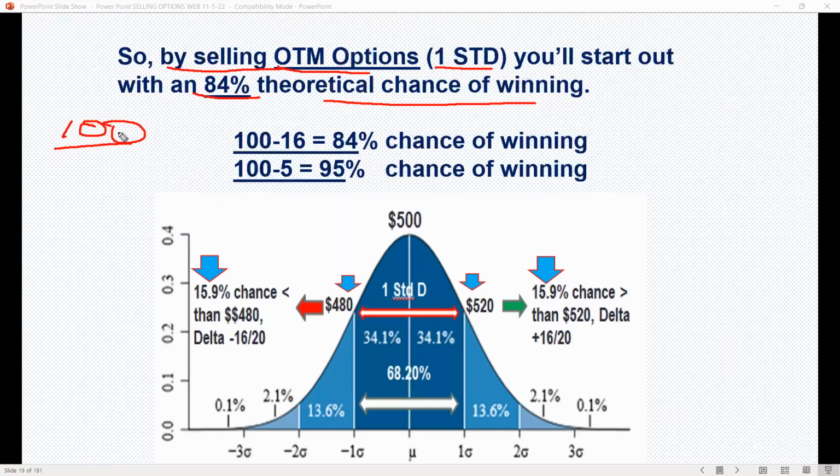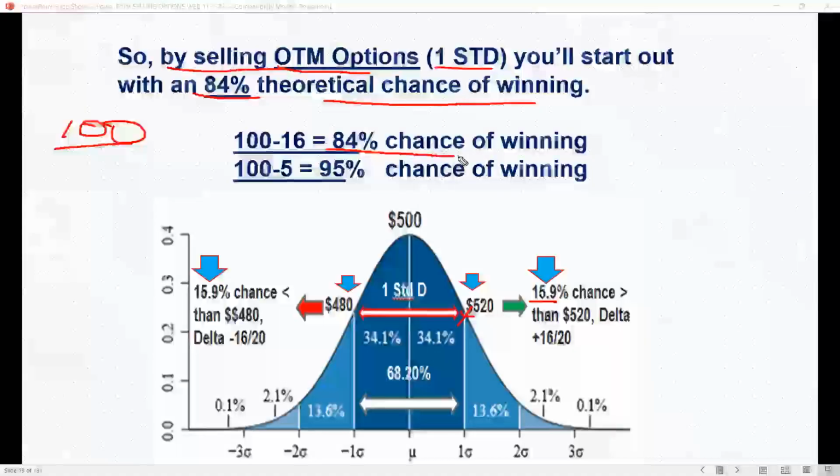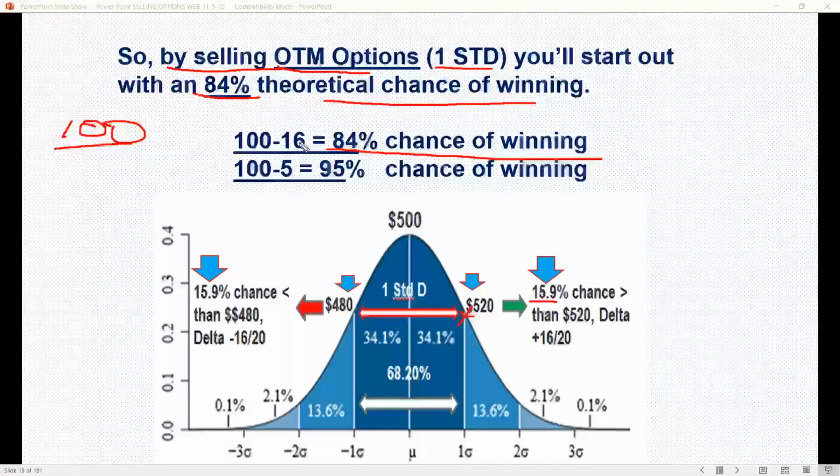So if we have 100, which is the max value for a delta, and we were to sell the outside point, let's say right here, that has a 16 delta, or 15.9, that's going to give you an 84% probability of winning. So 100 minus 16 is 84.